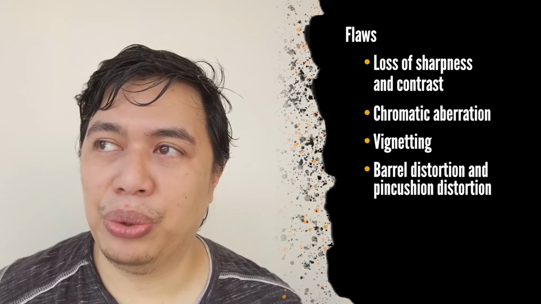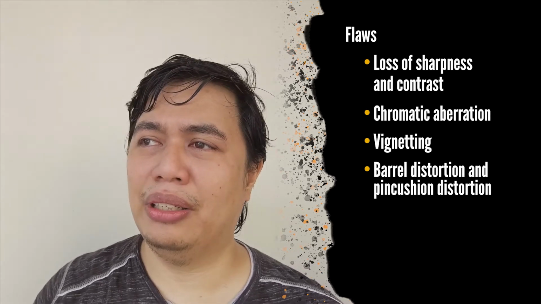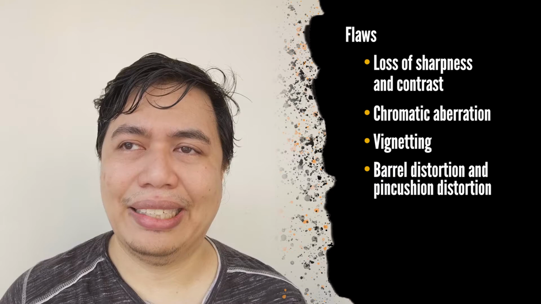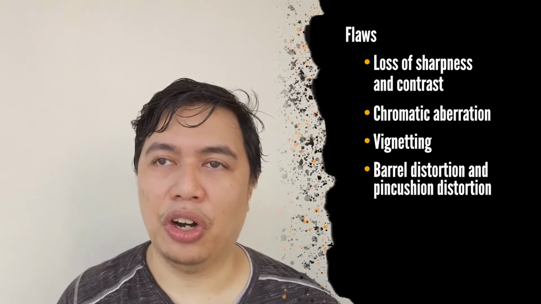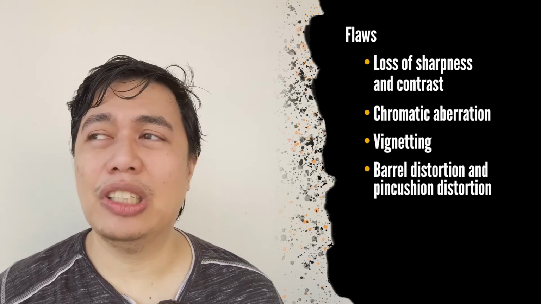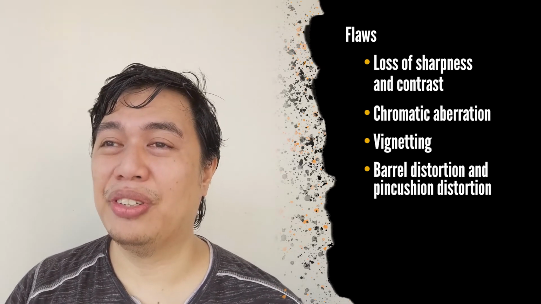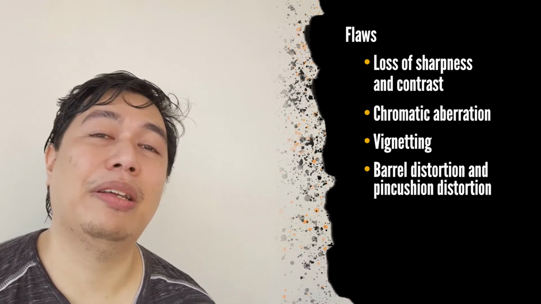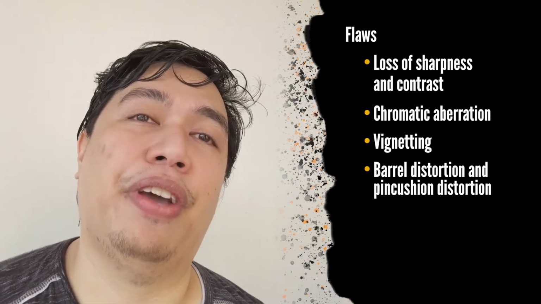And barrel distortion happens usually with wider lenses, and then as you get to longer focal lengths, you tend to see pincushion distortion. But again, not all lenses are created equally. Sometimes you'll get barrel distortion on longer focal lengths, and sometimes you'll get pincushion distortion on wider focal lengths. It really depends on how the lens was engineered by the lens manufacturer.